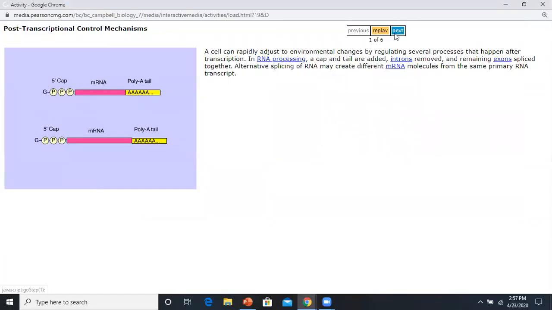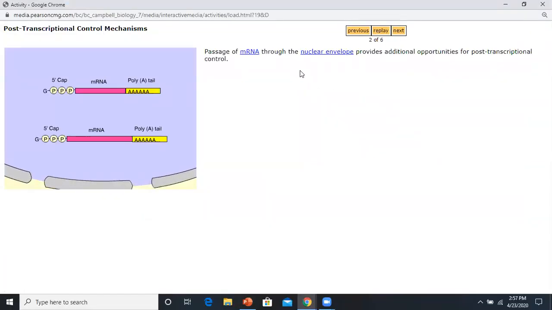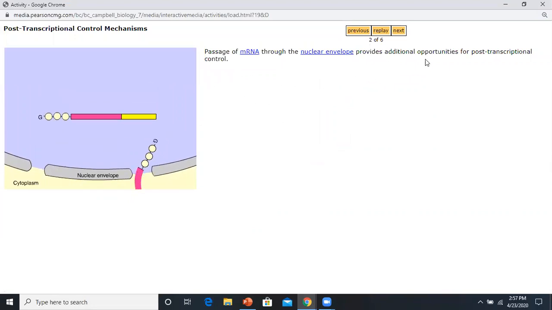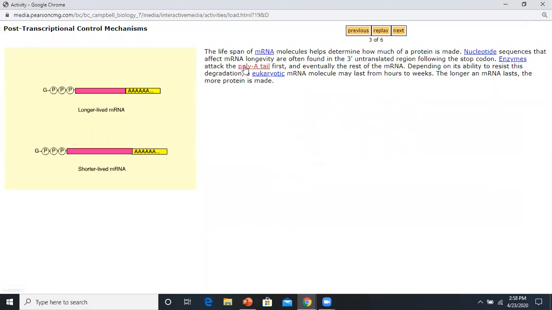So this kind of shows you a couple of other things too, that the mRNA provides additional opportunities for post-transcriptional control. Just to remind you, the lifespan can change. The longer the poly A tail, the longer it's going to be expressed, okay? Some RNA molecules can be translated multiple times.